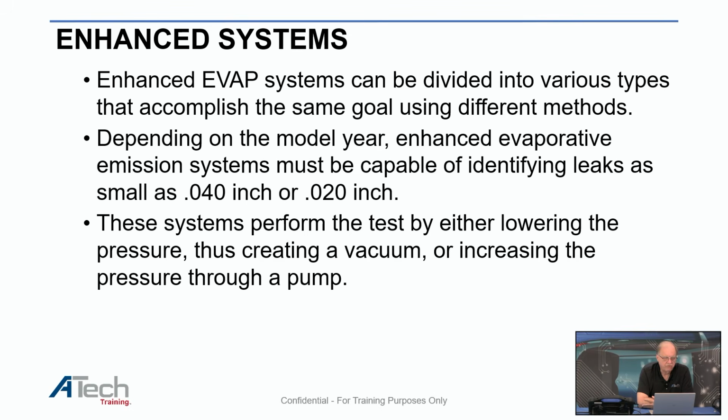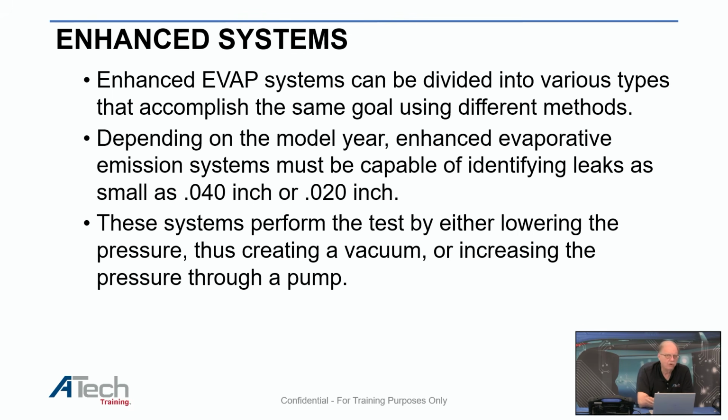On the enhanced EVAP system, there are various types and they have different ways they do the system, but they achieve the same goal. Depending on the year, they were trying to find out if you had a leak of about 40 thousandths or 20 thousandths. Later cars, 20 thousandths. Earlier ones were 40 thousandths. The system actually performed the test by either lowering the pressure, thus you had a vacuum in the system, or they wanted to increase the pressure with a pump.